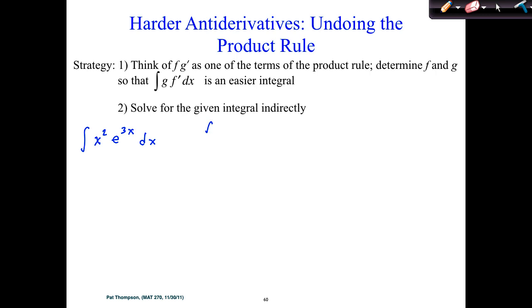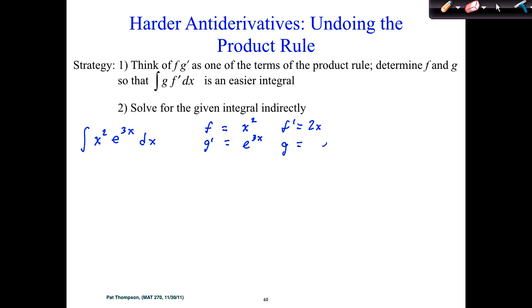So we've got to assign our f and our g prime. We saw this work last time, so let's try this now to make the f the x term. All right, what's the antiderivative of e to the 3x?